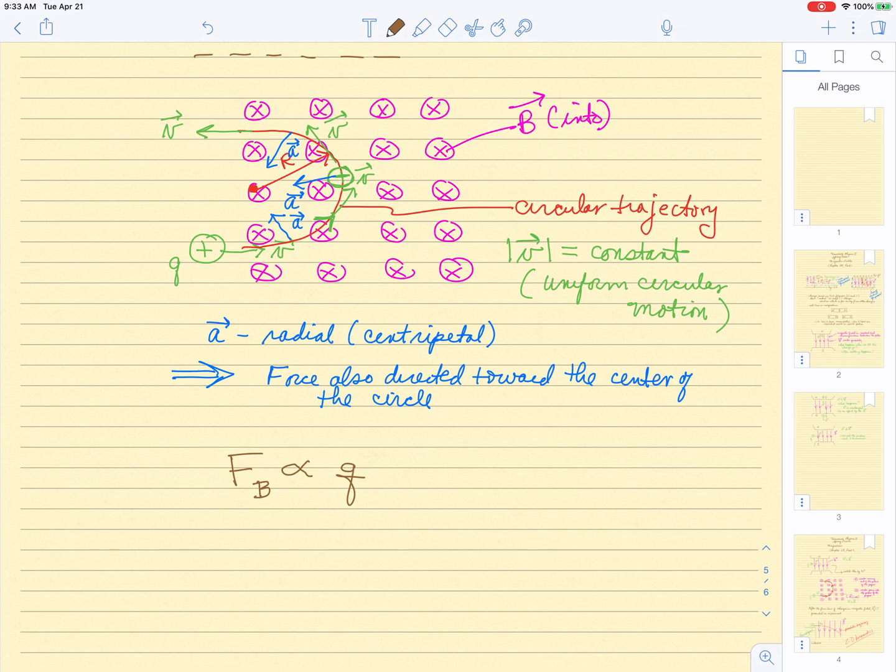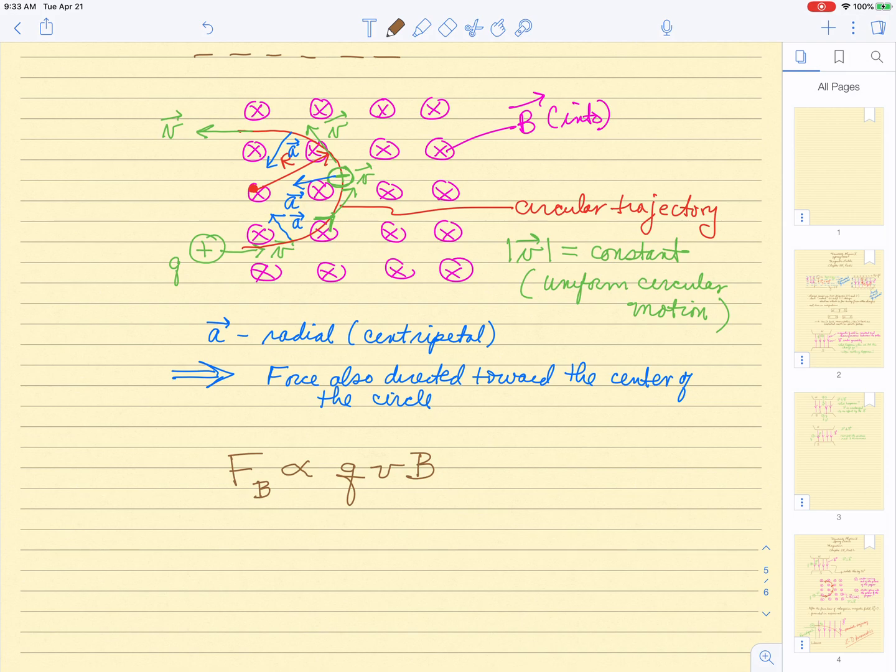It's directly proportional to, or linearly related to, the magnitude of the velocity. And it is linearly related to the magnitude of the magnetic field. Okay?